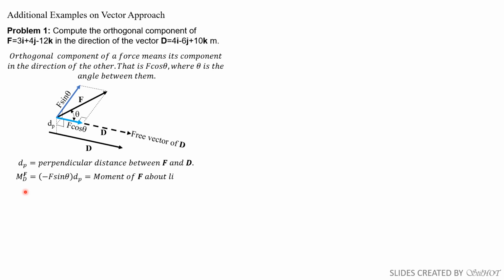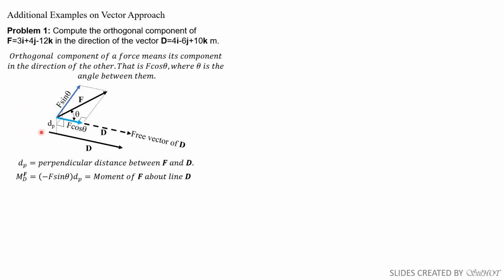So the moment of the force about directed line D is, by right thumb rule, position your right thumb towards the positive D direction, and the moment would be positive in this sense.